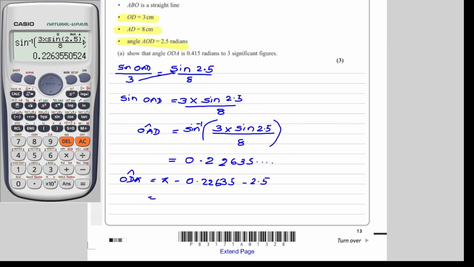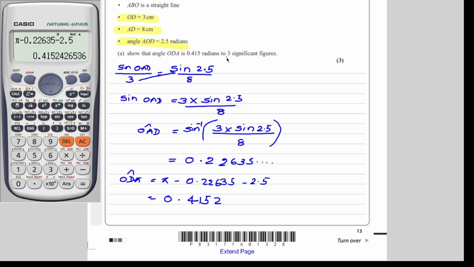Equals, let's get the calculator and plug in again. So pi minus 0.22635 minus 2.5 equals 0.4152.